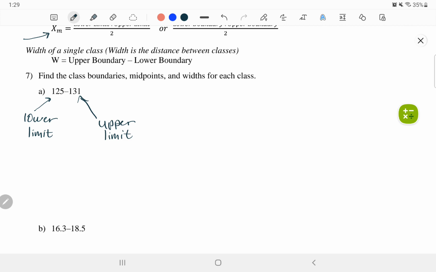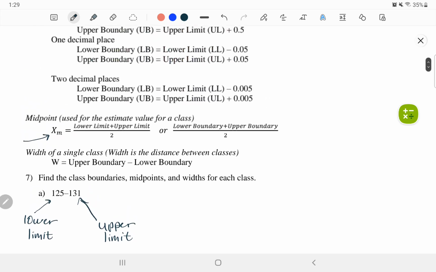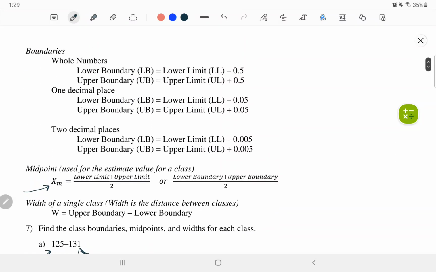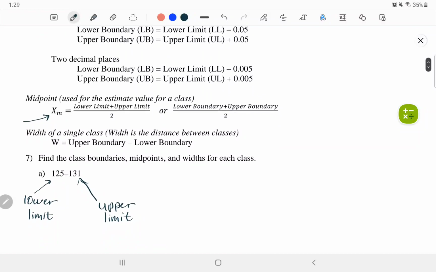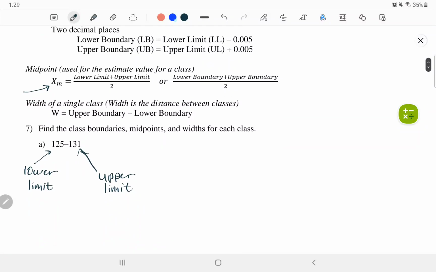If I want to find my boundaries, because these are whole numbers, I must use the whole number boundary formula. I'm going to call my lower boundary LB. My lower boundary equals the lower limit, 125, minus 0.5. 125 minus 0.5 is 124.5.